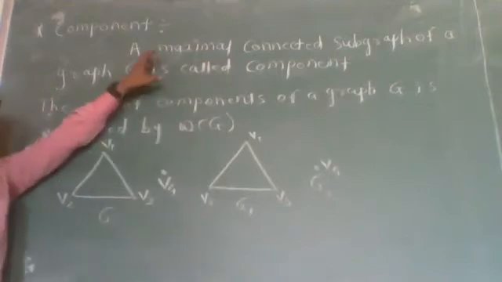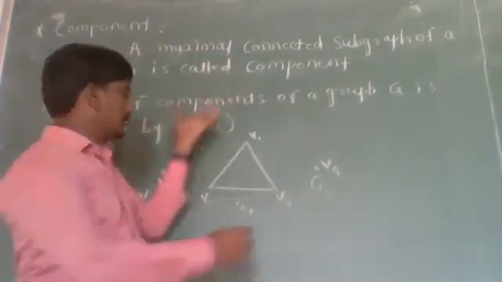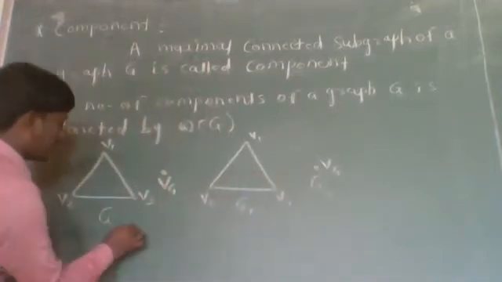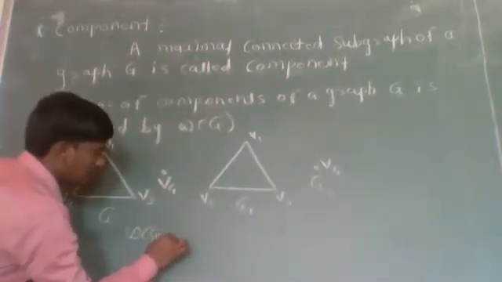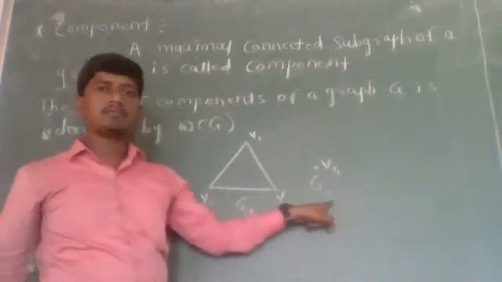The number of components is denoted by W of G, so W of G equals 2: one is G1 and another is G2.